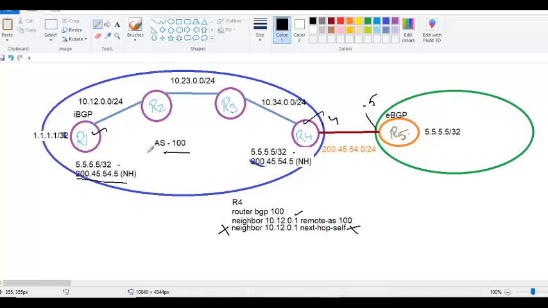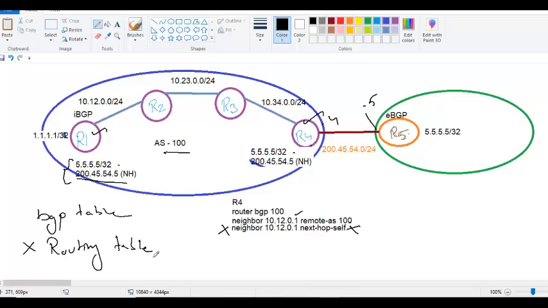Router 4 knows this address, but router 1 has no idea about this next hop. As a result, this information will be there in the BGP table, but it will not be there in the routing table.